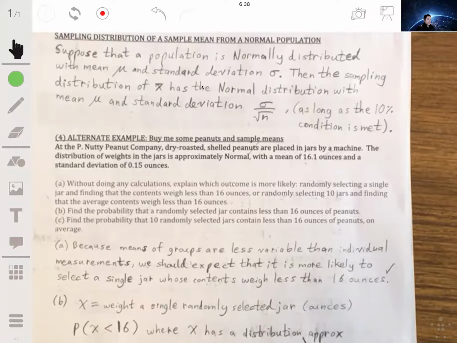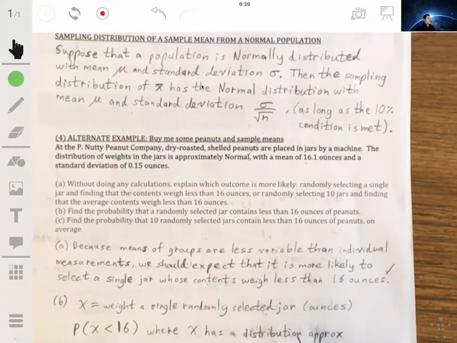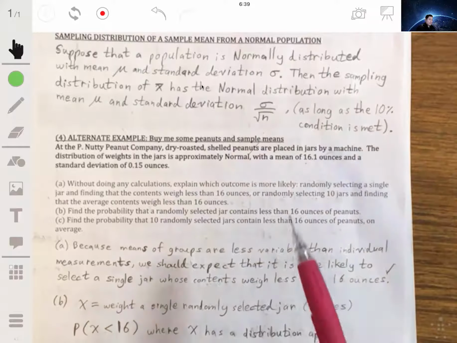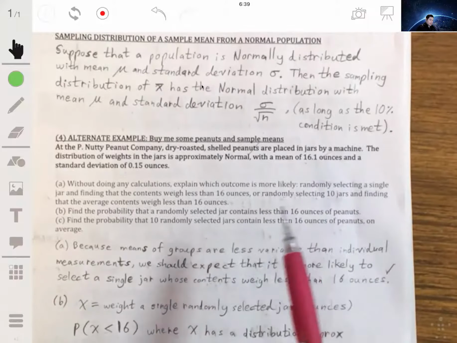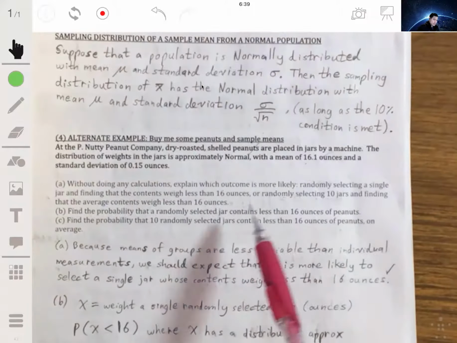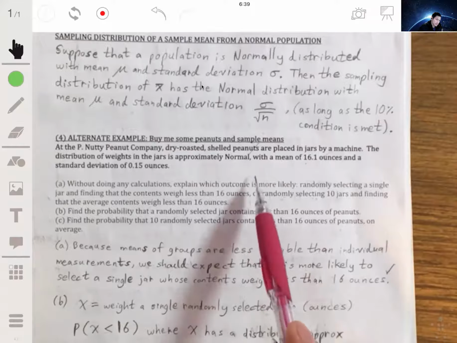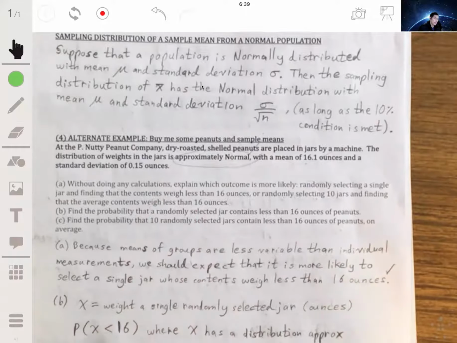And now we have to address the distribution. This will be approximately normal because the population is approximately normal.